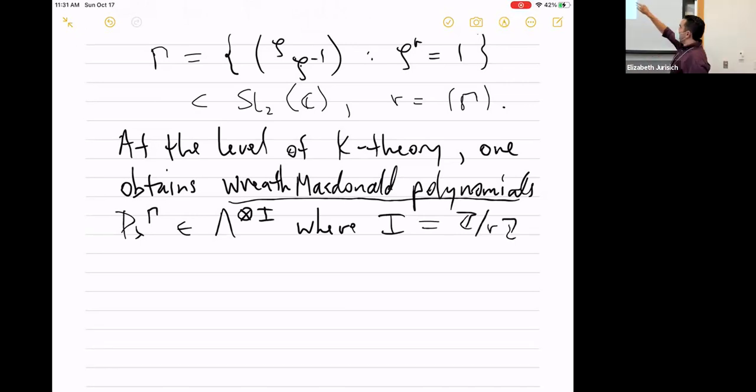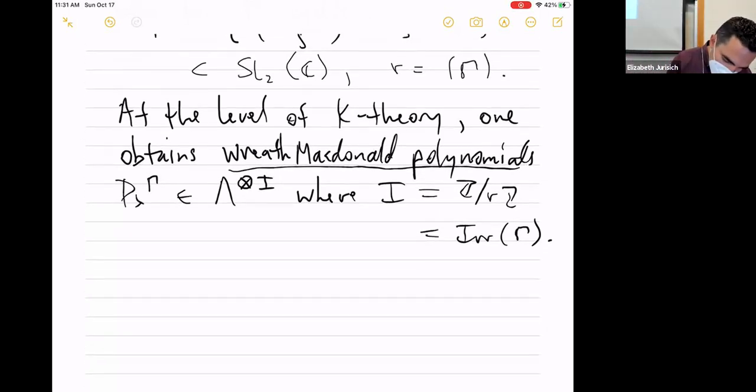So Gamma is the subgroup, and I is sort of its dual group, or I'm just going to say it's the set of irreducible representations. So this set I in this McKay correspondence is the set of vertices in the Dynkin diagram. So this is the affine type A quiver, and this is its vertex set. Okay.